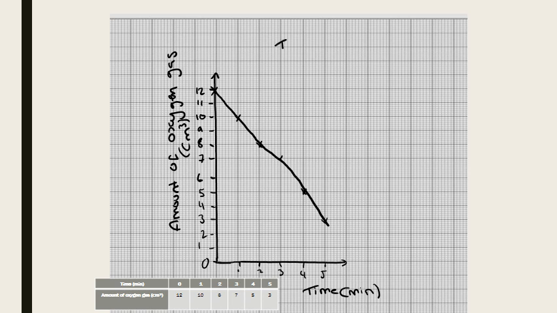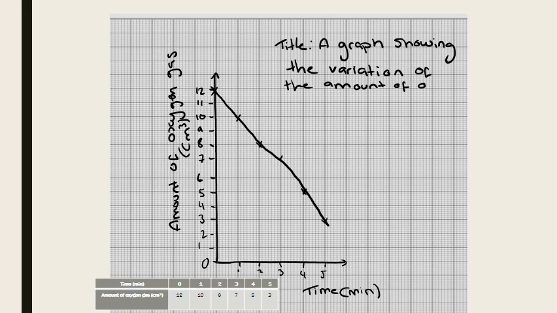This needs a title: a graph showing the variation of the amount of oxygen gas as a function of time.